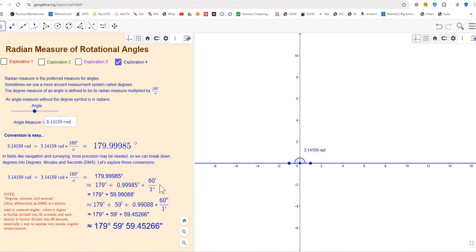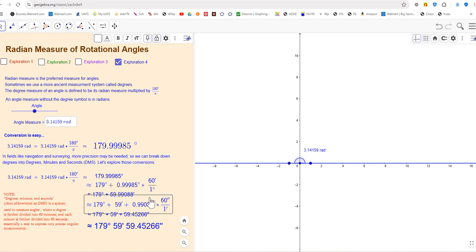Take the decimal part, multiply by 60 minutes per 1 degree, because 60 minutes is 1 degree. This comes from the ancient Babylonians working in base 60 here. And this gives you, in this case, 59 point something. Take the whole number part of the minutes, that's your minutes part, then take the decimal part of the minutes and multiply by the 60 seconds over 1 minute.